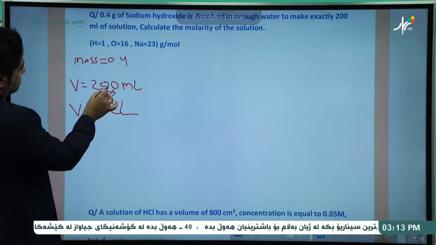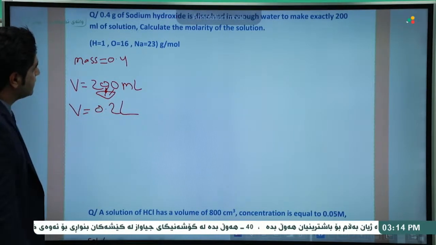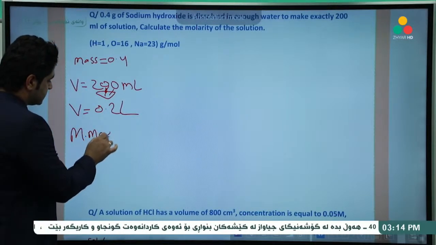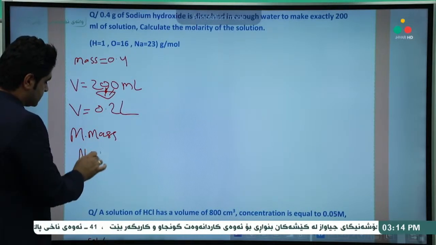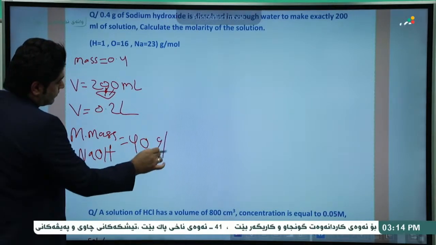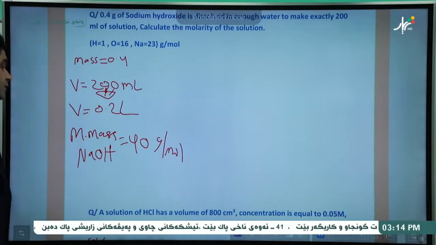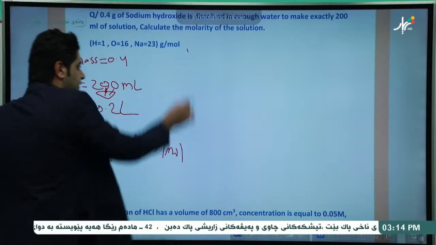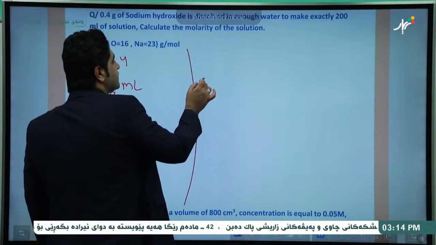Okay, very good. Molar mass of NaOH is equal to 40 grams per mole. We know where we got this number, we did the calculation. Okay, we have to find the value of molarity.